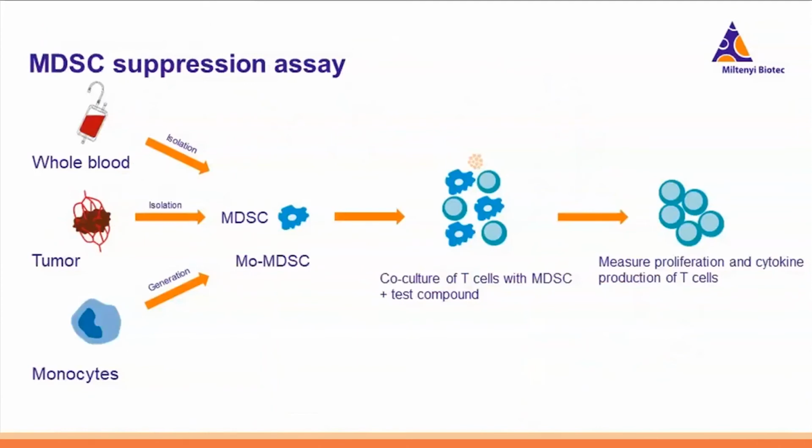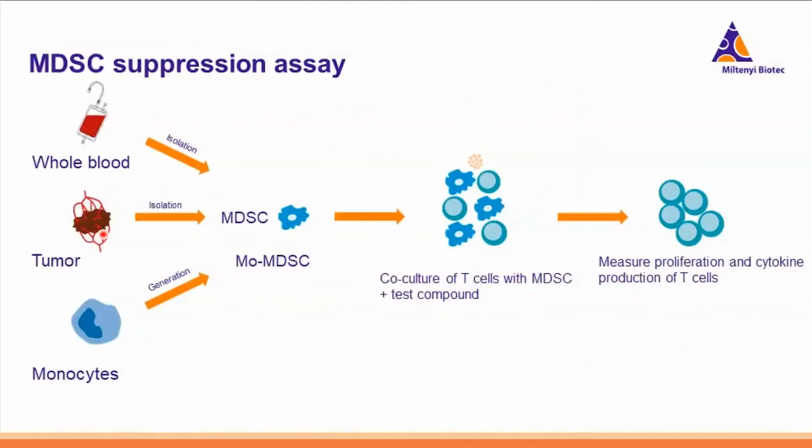Now, in this slide, I would like to show you one of the immuno-oncology suppression assays, the MDSC suppression assay. This assay is performed as follows. One way is to isolate MDSCs from whole blood or from tumors.